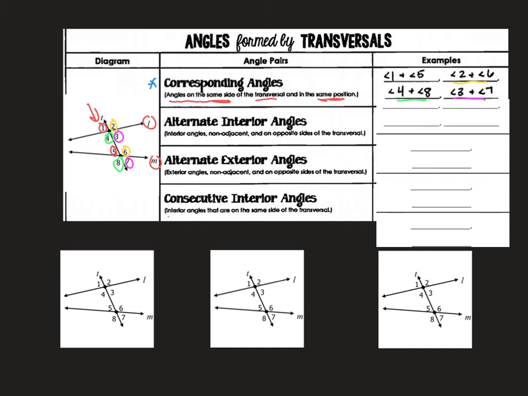Now we move on to alternate interior. Well, for interior, it's kind of like looking at the sandwiched angles inside the 2 lines. Those are our interior angles. And they are going to alternate opposite sides of the transversal, and they're also going to be one from group A, right? And by group A, I mean there's group A here and there's group B here. Notice group A is just like that original set of linear pair and vertical angles we used to talk about.